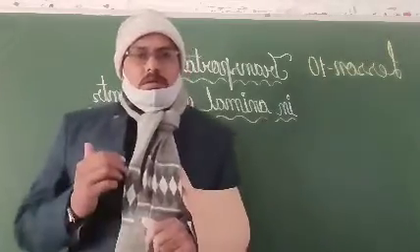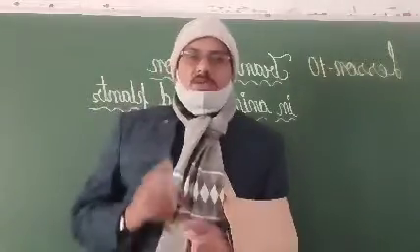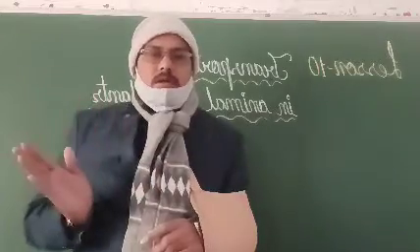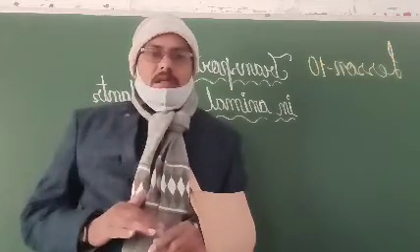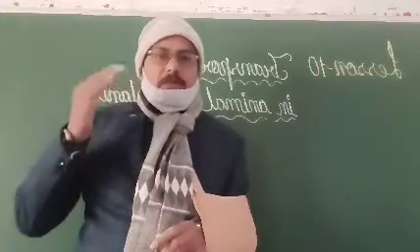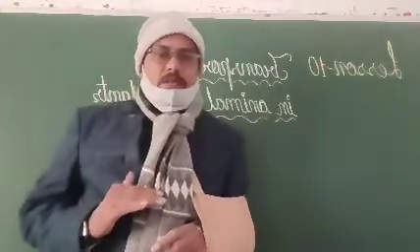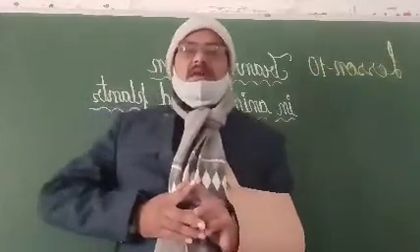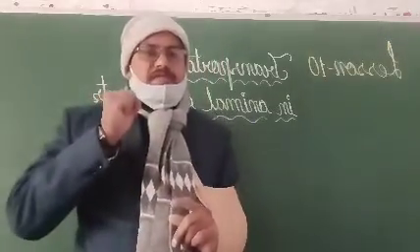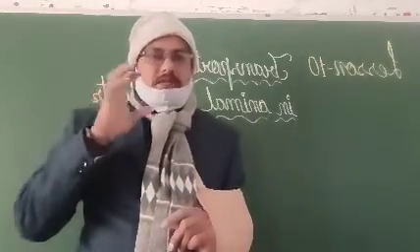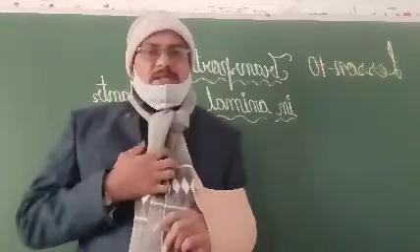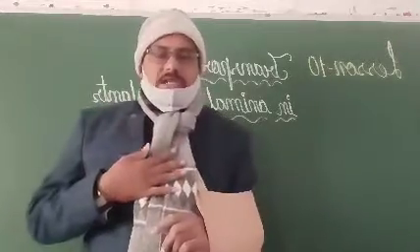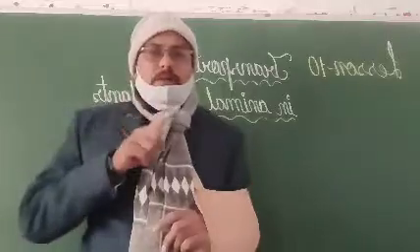The human heart has four chambers. The auricles are the upper side and the ventricles are the lower side. The heart is about the size of a closed fist, present a little bit tilted towards the left side at the center of the chest, and the heart has four chambers.